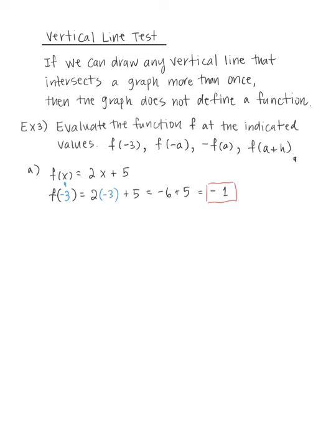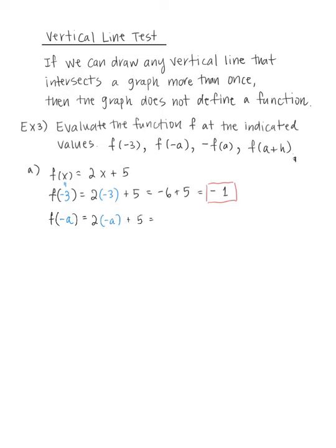All right, now let's go with f of negative a. We're going to do the same thing. All you have to do is wherever you see the x, you just replace it with what's in the parentheses. So here you're going to have 2 times negative a and then plus 5.